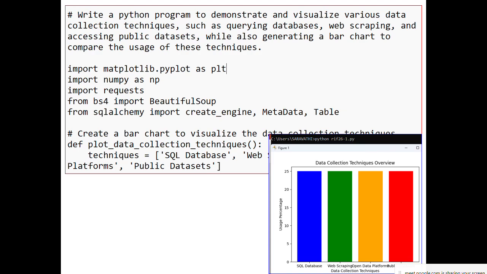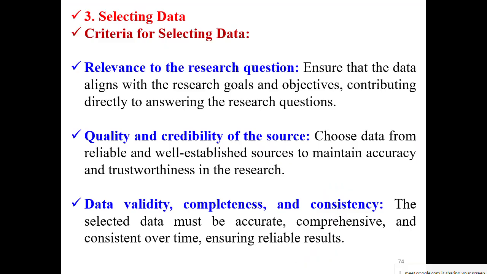The chart title is data collection techniques overview, etc. And selecting data, we have criteria for selecting data. Relevance to the research question: ensure that the data aligns with the research goals and objectives, contributing directly to answering the research questions.